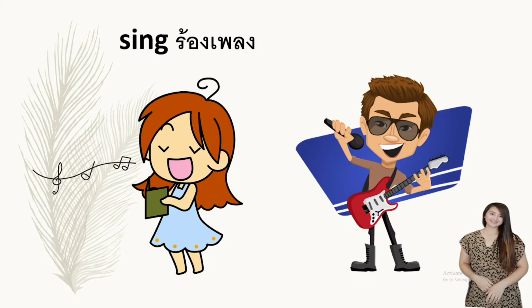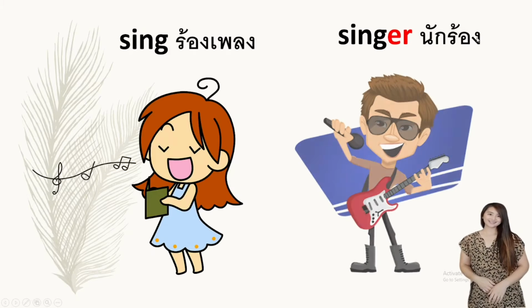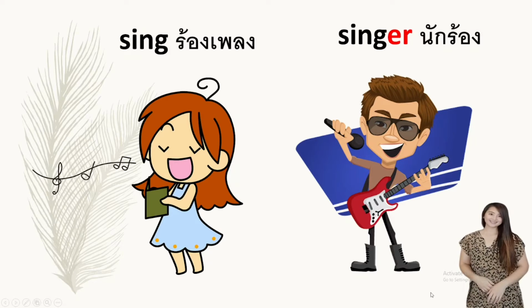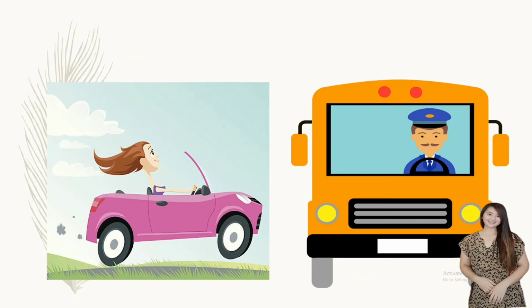Next, sing. She is singing. And then plus ER, singer. It becomes a person. He is a singer. Sing, singer. That's another example.